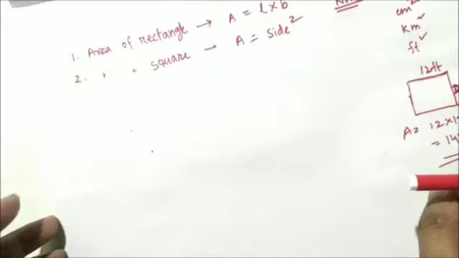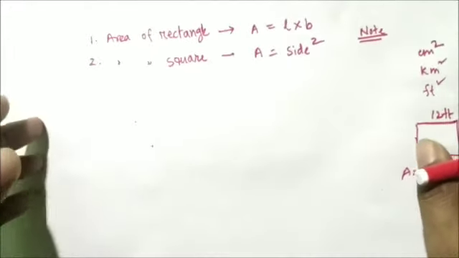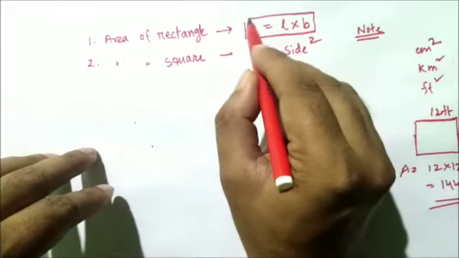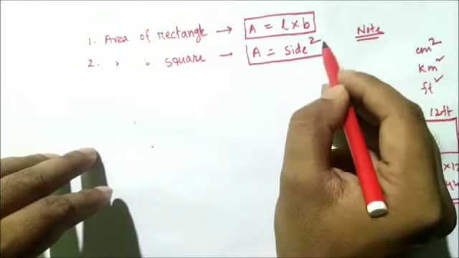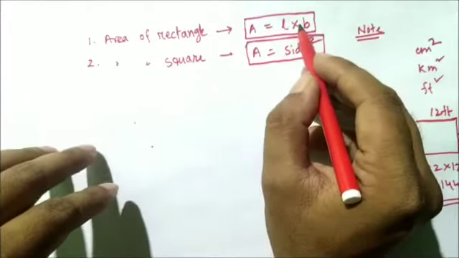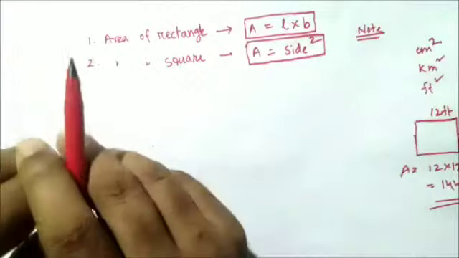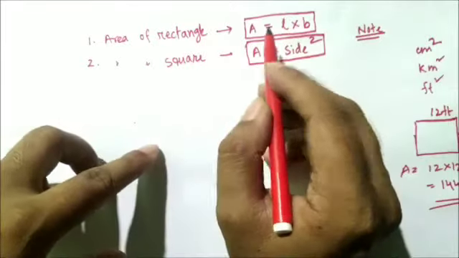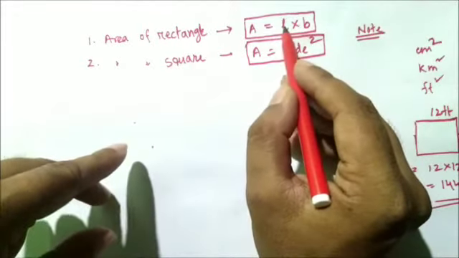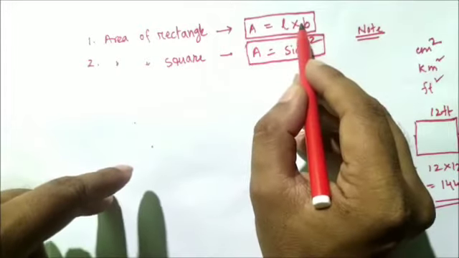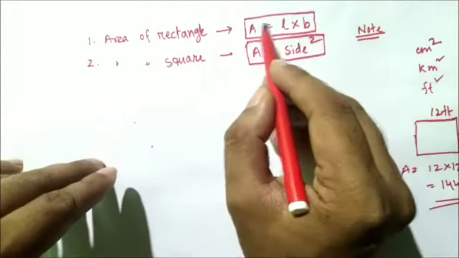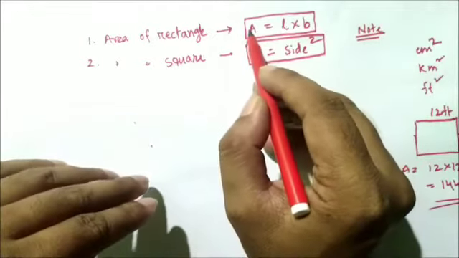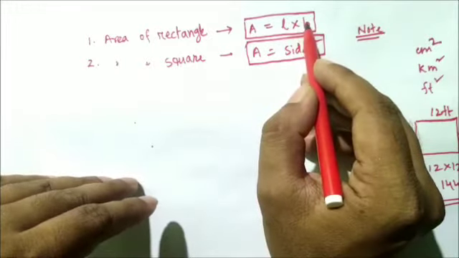Now let us move to another topic. In the case of a rectangle, sometimes you will be given the length and breadth and asked to find the area. Sometimes you will be given the area and breadth and asked to find the length, or given the area and length and asked to find the breadth.